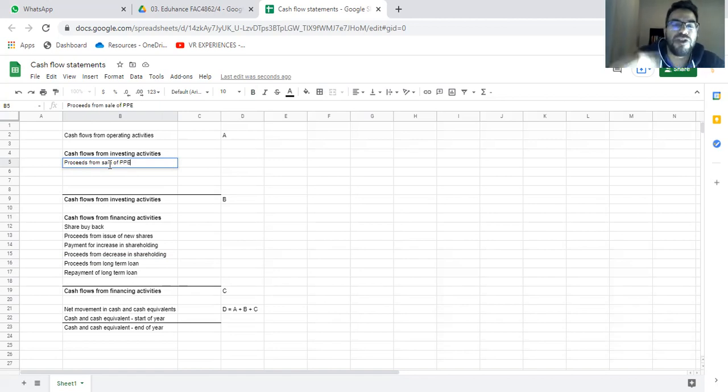Just so you know, you will generally say from PPE or something like that. Okay, so it's proceeds from sale of PPE. Then if you acquire it, you will say acquisition.